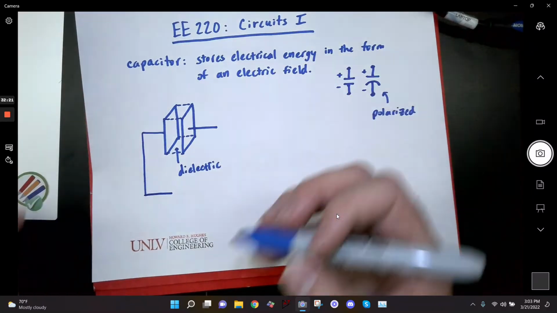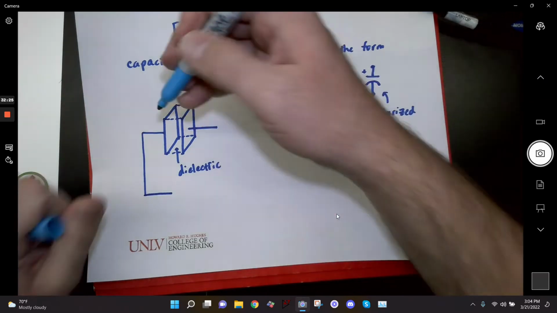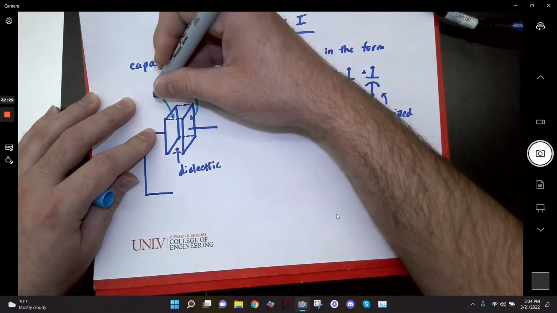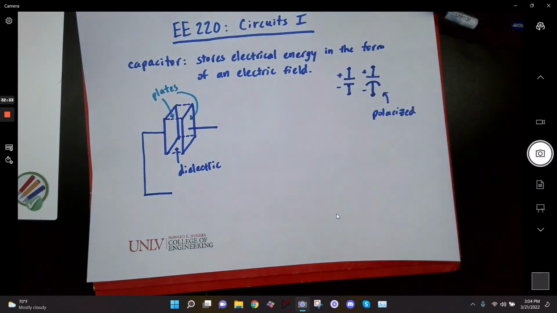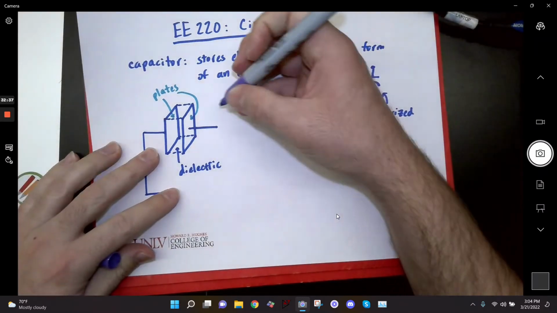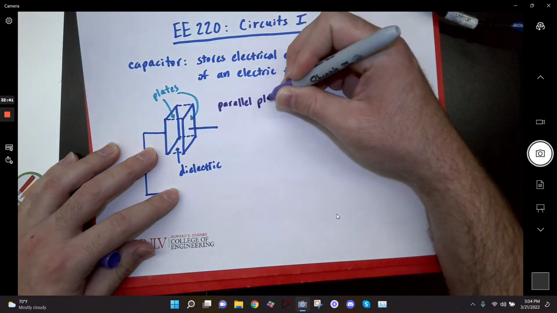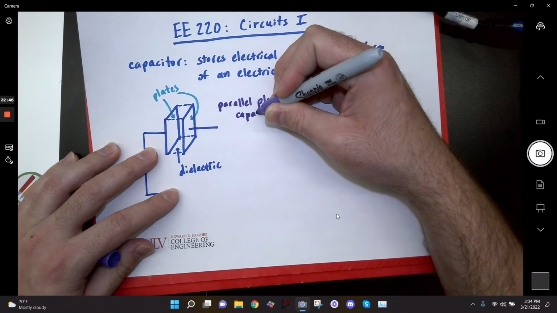So if this was a capacitor, that middle part is called the dielectric, and these are called the plates. Not all capacitors are made this way, but this is the standard. So this would be known as a parallel plate capacitor.